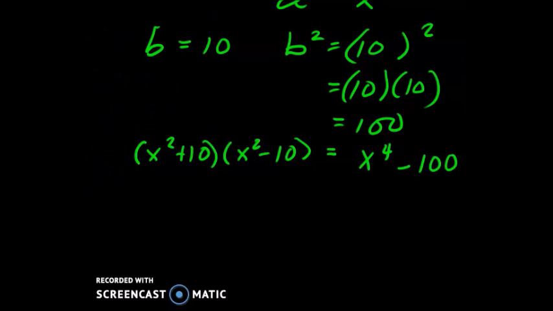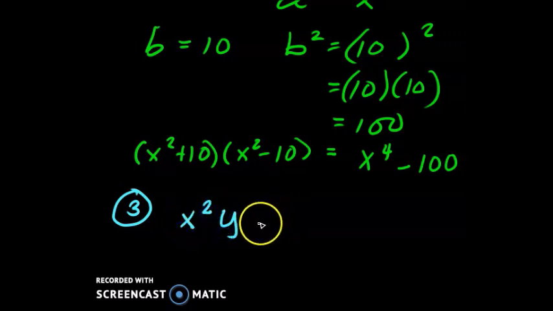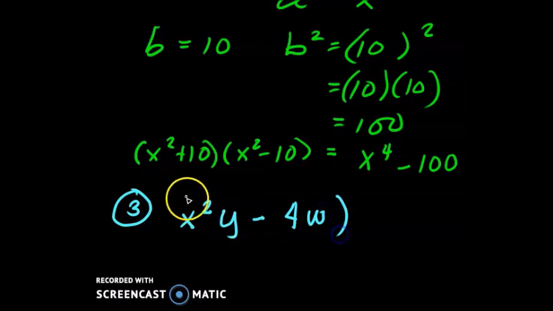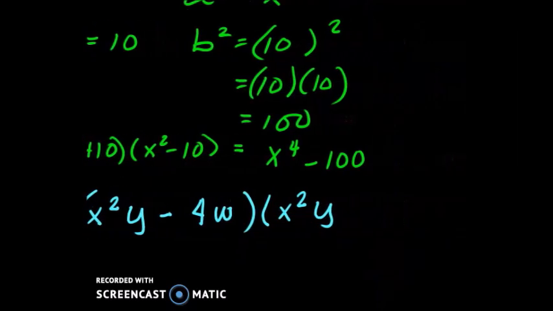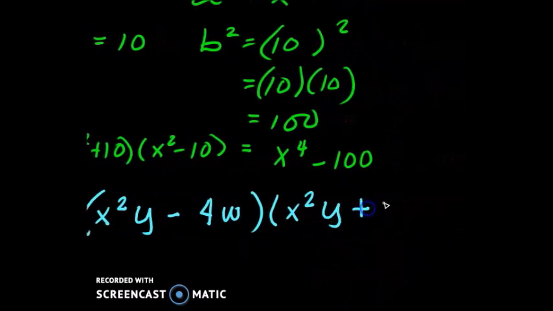Third and last example. x squared y minus 4w, again multiplied by the same terms, but the only difference here is the sign, plus 4w.